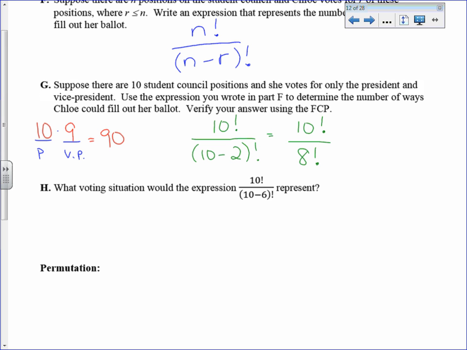And then remembering back to how we were expanding and canceling yesterday, this gives us 10 times 9 times 8 factorial over 8 factorial, where those cancel. So what we have is 10 times 9, which is 90.